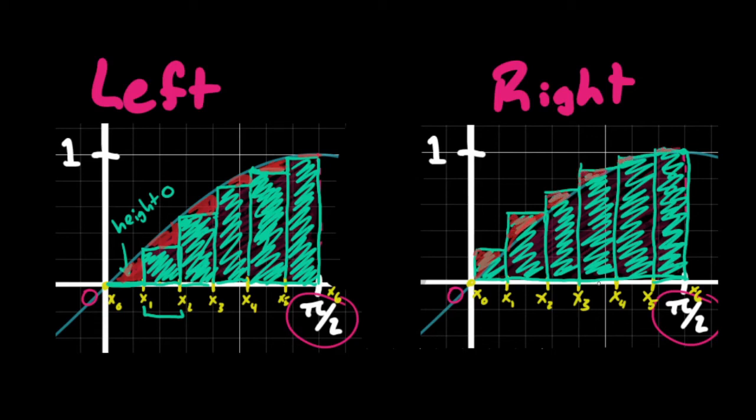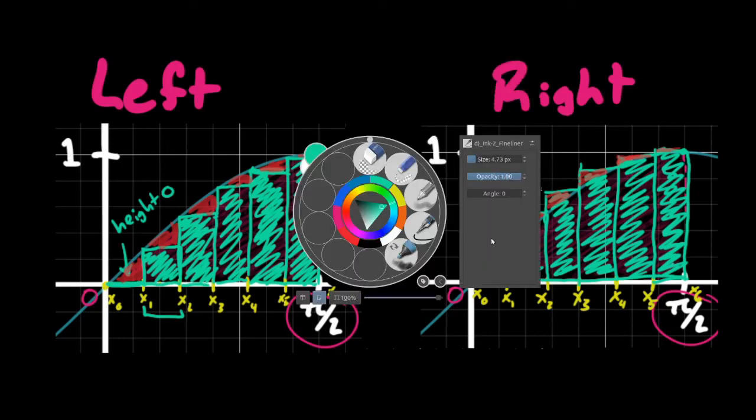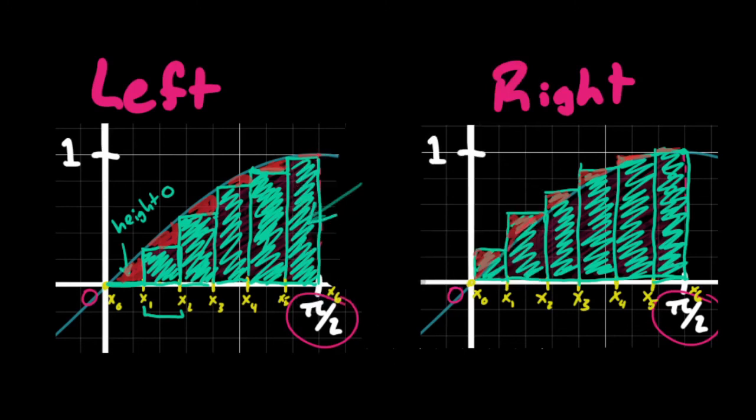Okay, and so there we go. We very slightly are off in either one of them, a little bit too big, one of them a little bit too small, but this is what we're trying to compute. One of them we're going to do is compute the area of all of these. This will be the left Riemann sum. And for the other one, we'll get the area of all these.